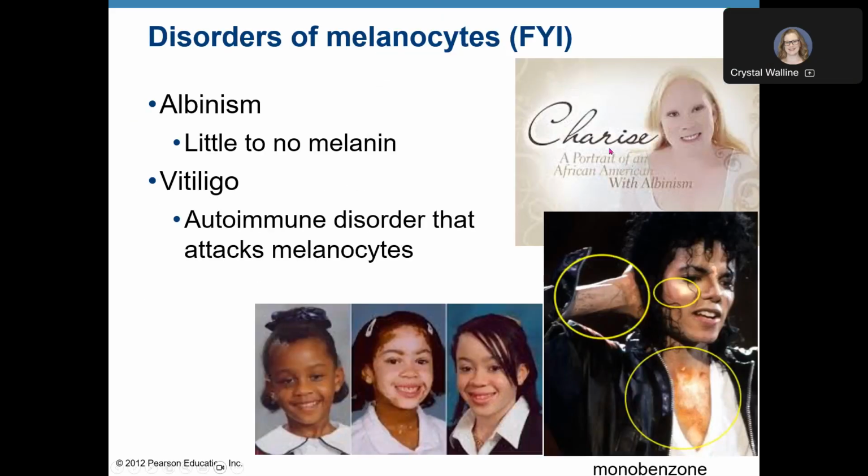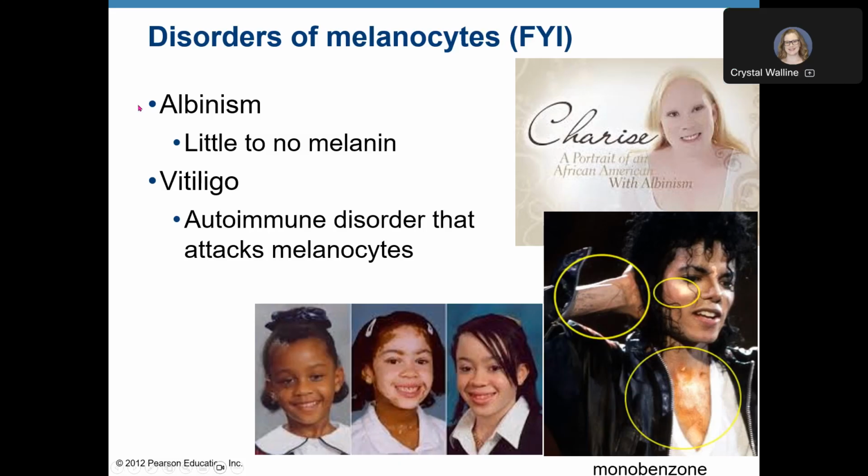There are disorders of melanocytes. There are specific cancers that can affect only melanocytes. There's also an autoimmune disorder that can affect melanocytes. Again, autoimmune disorders occur when there's a part of your body that becomes mistaken for a pathogen, and your immune system thinks that particular part of your body is foreign and starts attacking it.